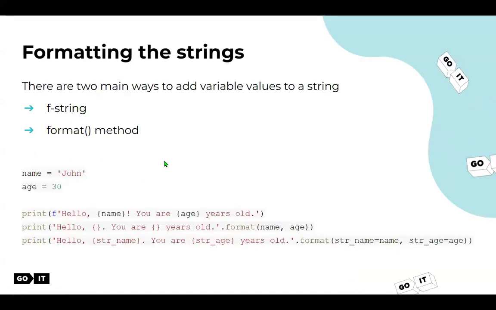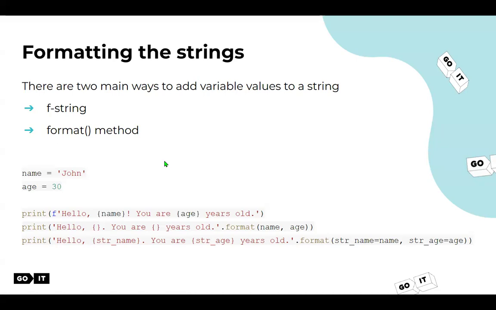Now, formatting strings. The two main ways are the f-string and the format method. There is an example on the lower part of the slide: name equals John, age equals 30.